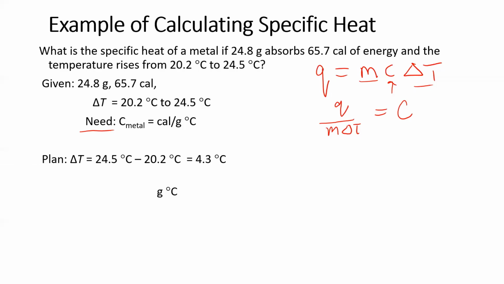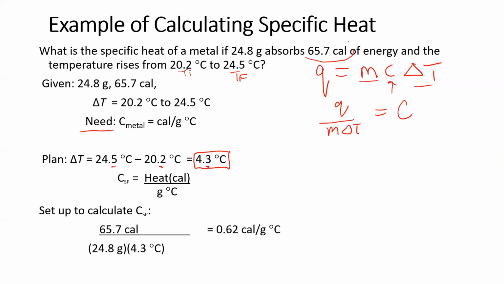So I know delta T, why? This is my final, because this is what I heated it to, 24.5. This is my initial. So when I do the subtraction, I'm going by the least precision or place value, which is the tenths. So delta T is 4.3 degrees Celsius. So now that I have my delta T, I can plug everything in. The specific heat is calories per gram degree Celsius.